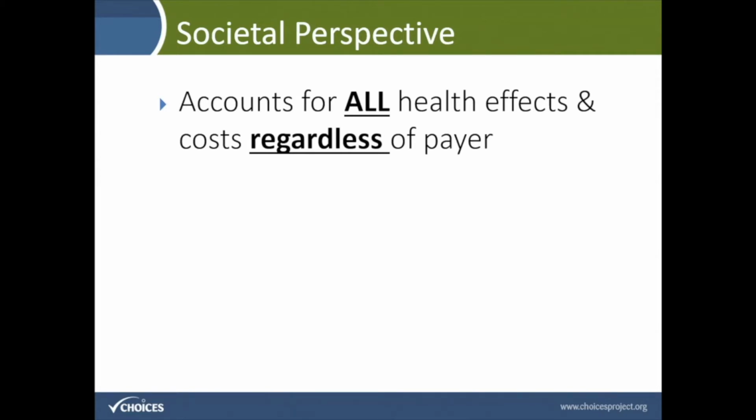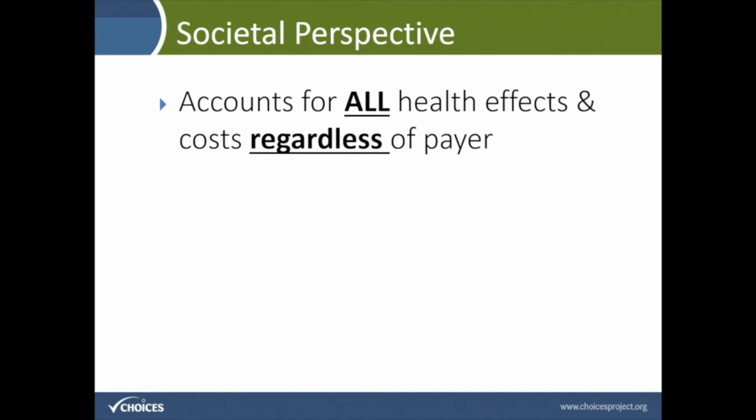The societal perspective is supposed to include all costs, regardless of the sector of the economy they fall under. In a healthcare cost-effectiveness analysis, we often consider only the costs of the healthcare sector. In most cases, this is where most of the costs lie.